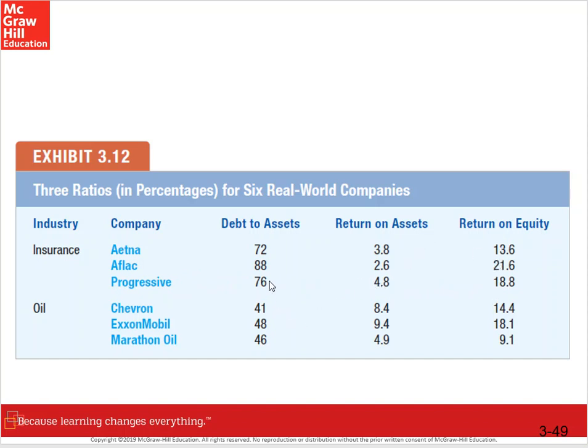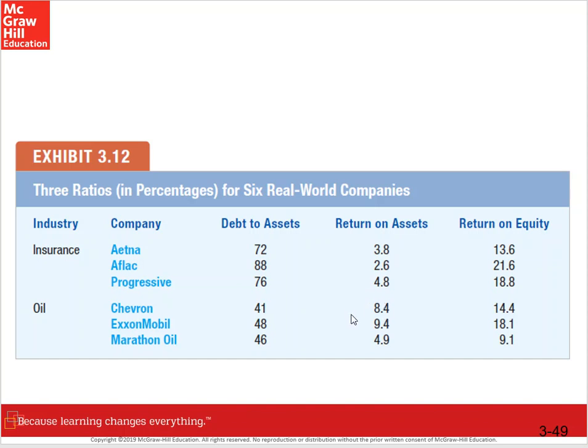If we look at these oil companies, now keep in mind, look how different their debt to assets ratios are. So different expectations in a different industry. All of these are plenty low and healthy. So that's fine. They're all under 0.5, so even a little on the conservative side.